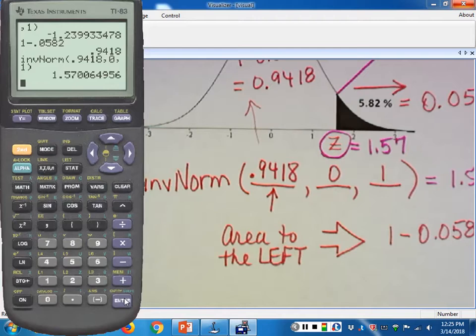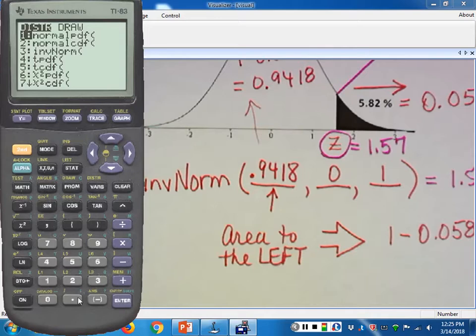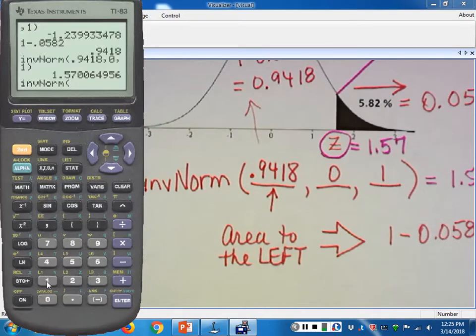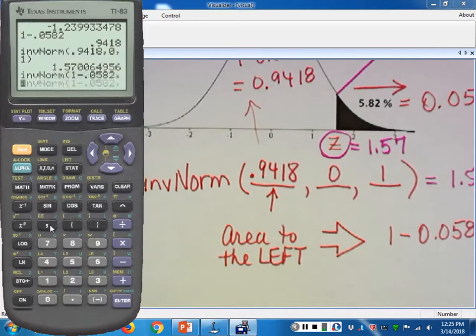The other way we could have done this is we could have skipped that subtraction step, as long as you understood why you had to do it. You can skip that subtraction step and you can do this. Go ahead and plug in 1 minus the area to the right, which is 0.0582, then your comma and your mean, and then your comma and your standard deviation.